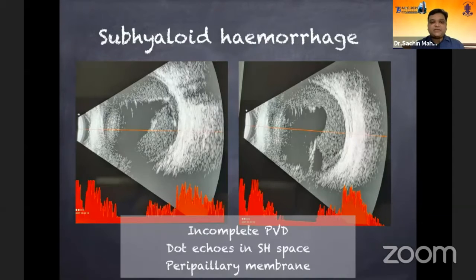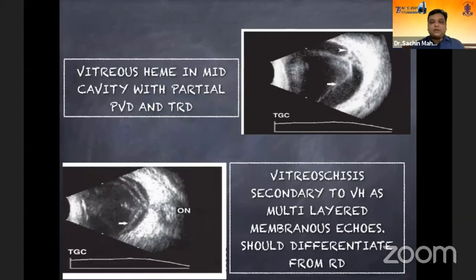This is a case of massive subhyaloid hemorrhage with incomplete PVD, wherein there is a peripapillary membrane also, which we can see. So these are very important for us to make a surgical decision as to when the surgery has to be taken, because this type of massive subhyaloid hemorrhage is unlikely to get absorbed on its own, and we may have to plan surgery.